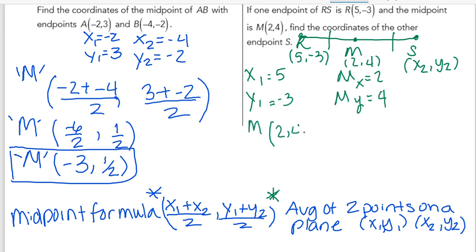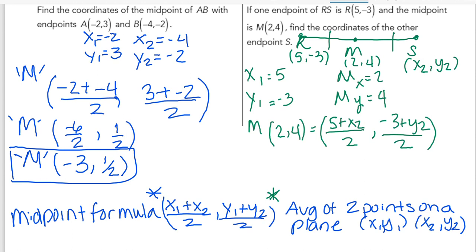M(2, 4) equals (5 plus x2 divided by 2, and then -3 plus y2 divided by 2).